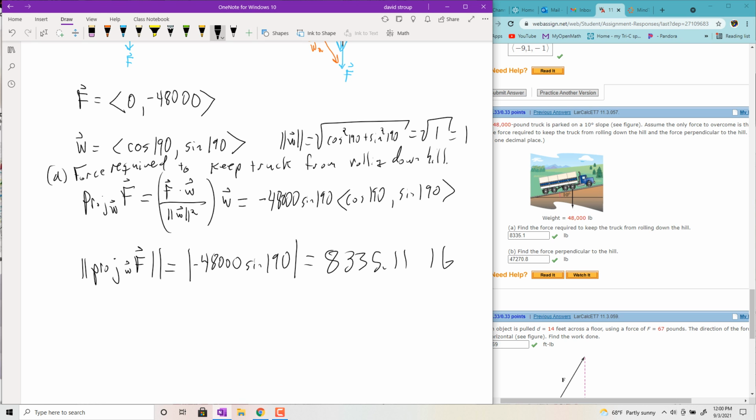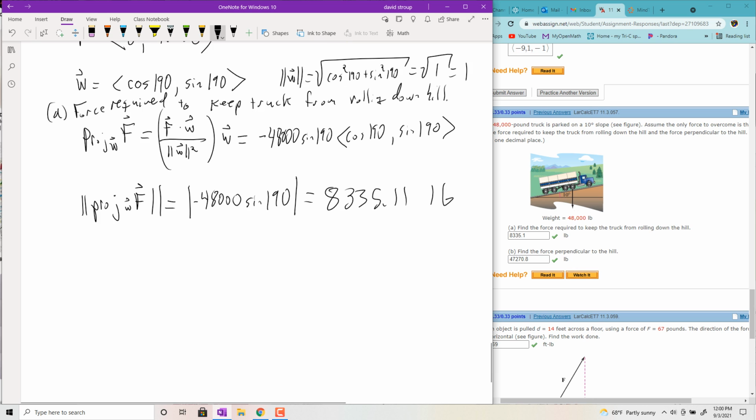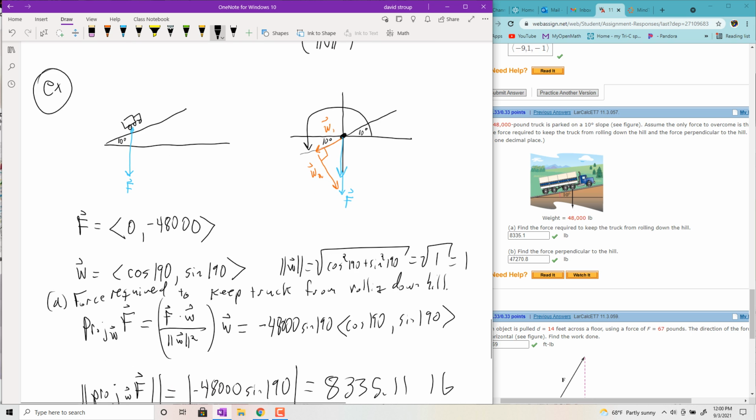Okay. The other case, then, we need W2 to find the force perpendicular to the hill. So part B, find. And again, this is the video quiz question. This example is the video quiz that you need to basically just copy out. And this will be, what is this, the 3rd video quiz question?